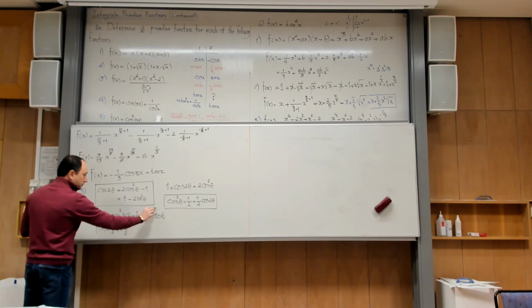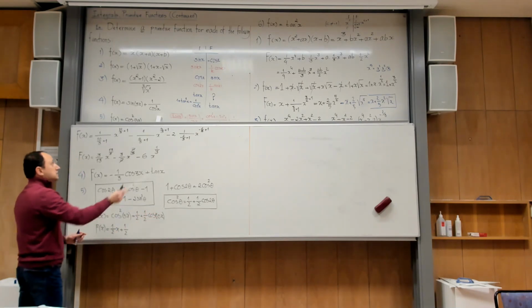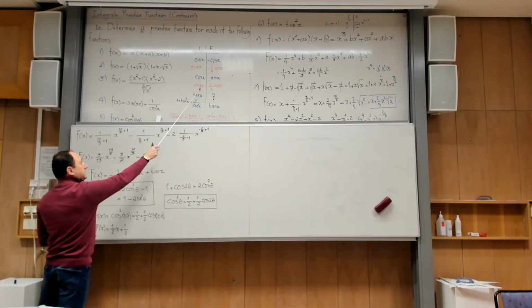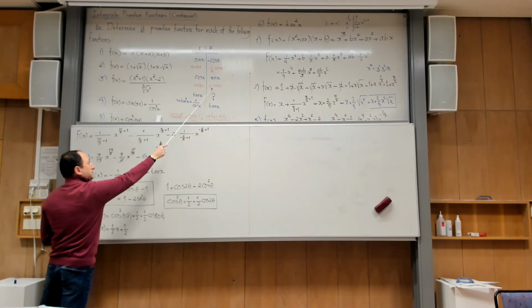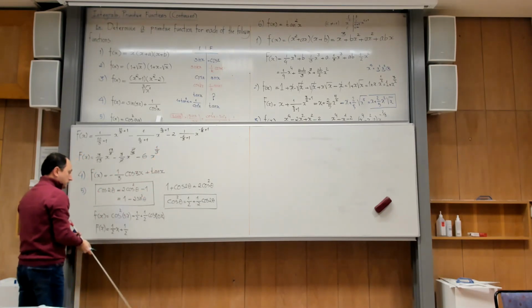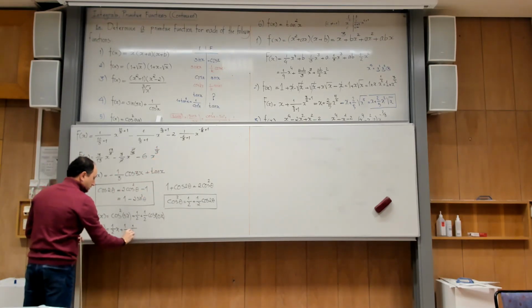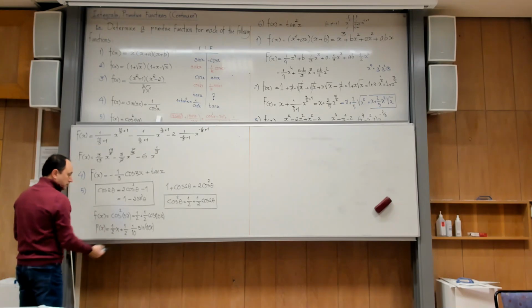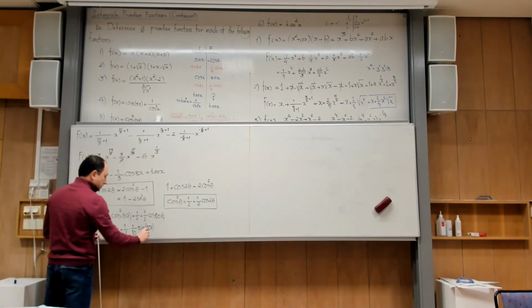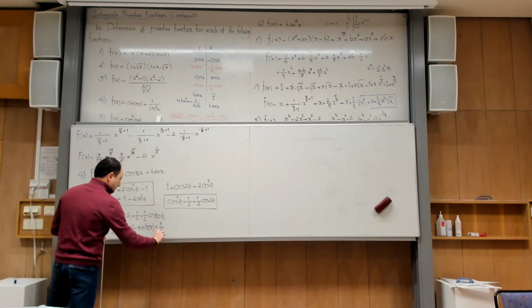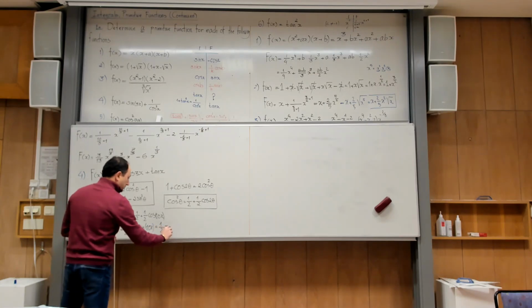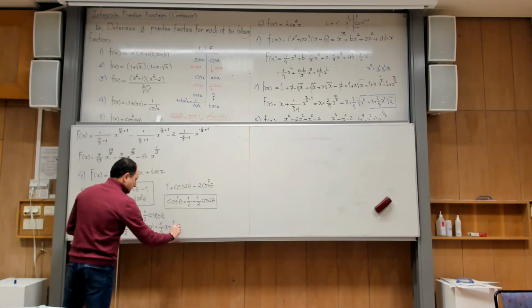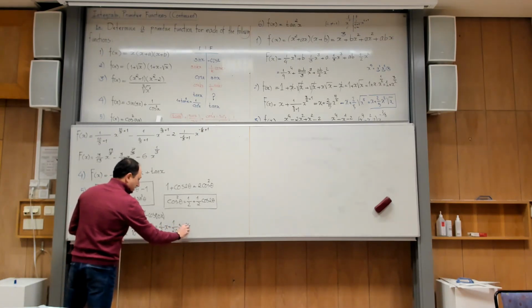A primitive function for cosine 10x is this formula. So k is 10. So it becomes 1/10 sine 10x. But then 1/2 multiplied by 1/10 is 1/20. So it becomes 1/2x plus 1/20 sine 10x.